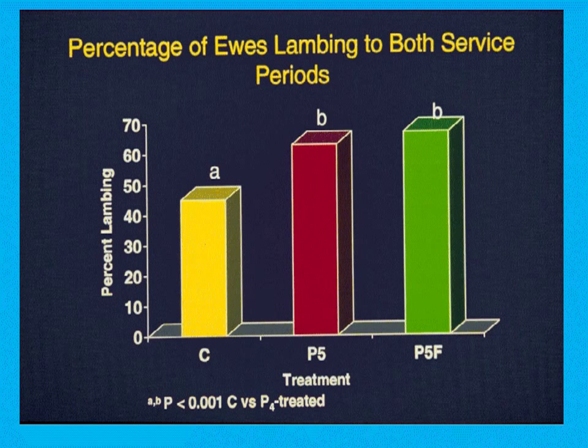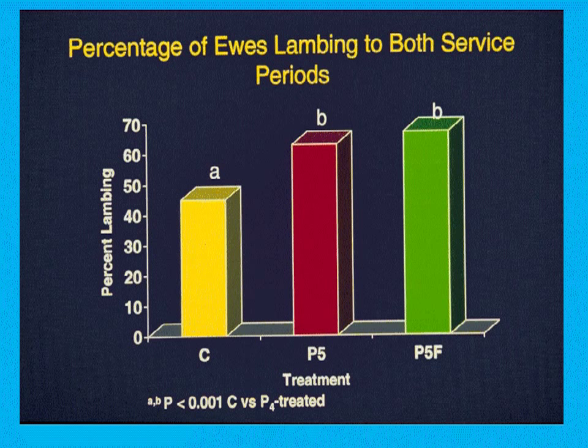Here's the percentage of ewes lambing to both service periods from a second experiment that we did. Remember that we had only with FSH in the day 5 group in that first experiment. So we did a second experiment with and without FSH in the day 5 group. Controls after 2 services were near 50%.